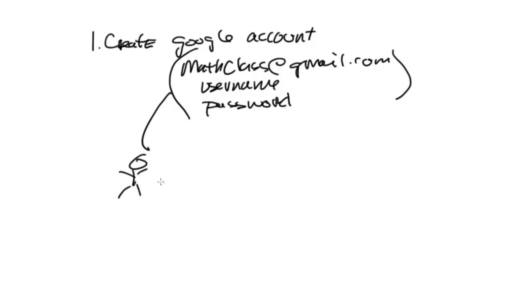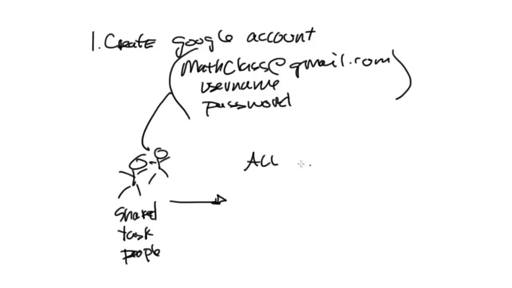Whoever you're going to share tasks with, these are the people you're going to share tasks with. And you all use the username that you've created, which in this case is mathclass@gmail.